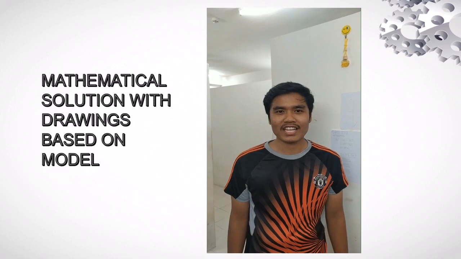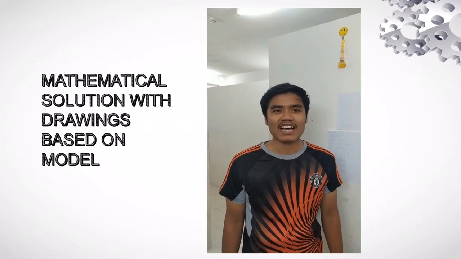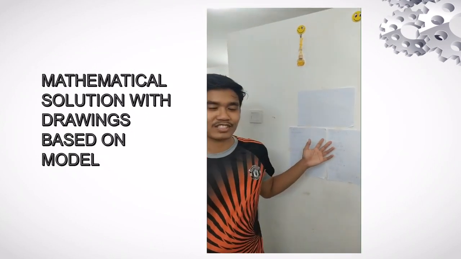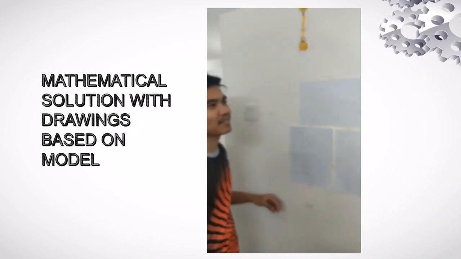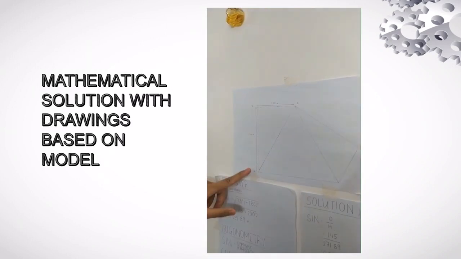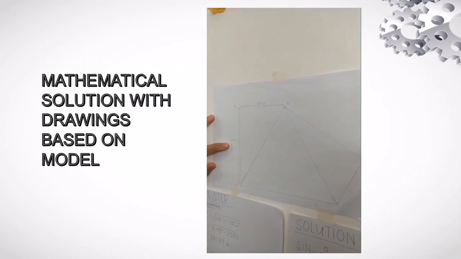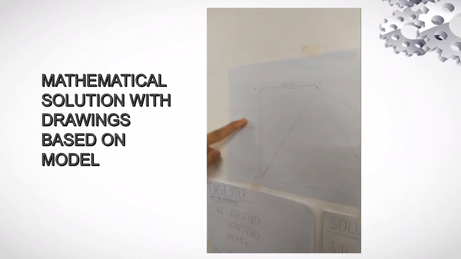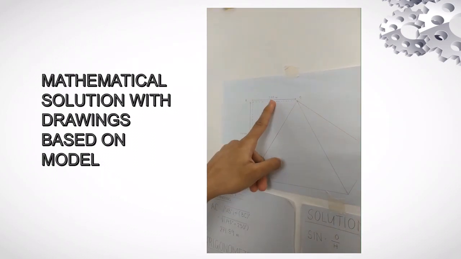Today I want to present the solution of trigonometry. This is a pyramid. A to B is 145 meters and B to C is 230 meters.